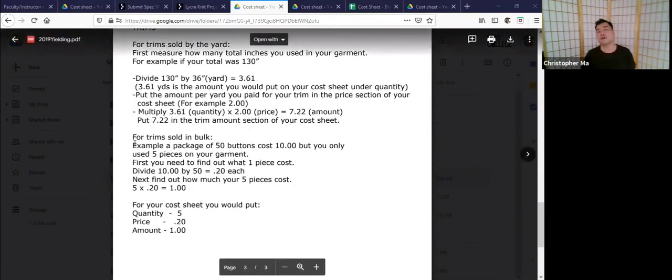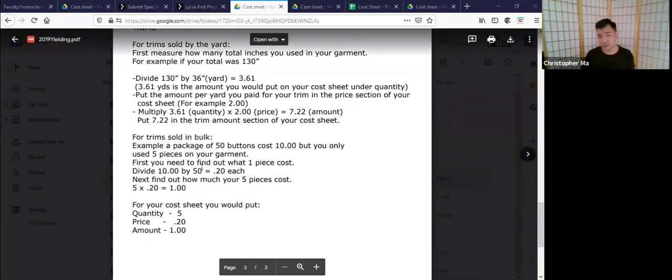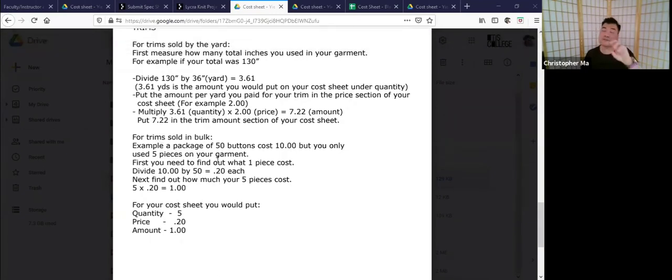Okay, let's go on to the next one. Let's talk about buttons. For trim sold in bulk, for example, a package of 50 buttons costs $10. You only need 5 buttons for your garment. First, you need to figure out how much each button costs, not 50 buttons.